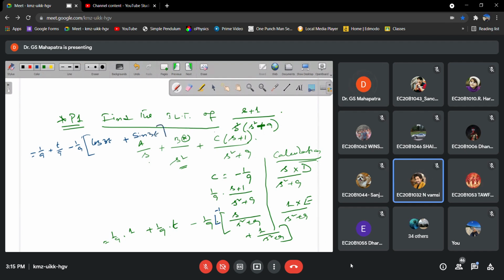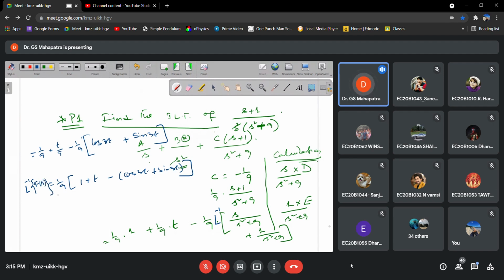So this is the answer then. 1 by 9, 1 plus t minus cos of 3t plus sine of 3t. This is the inverse Laplace transform of the given function, capital F of s.